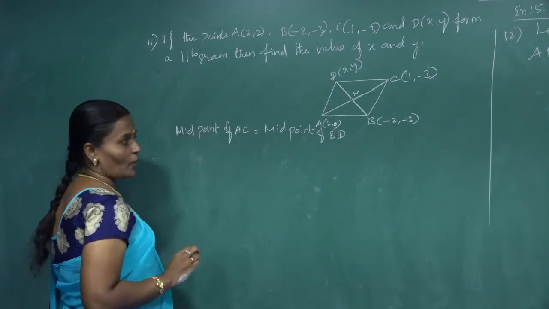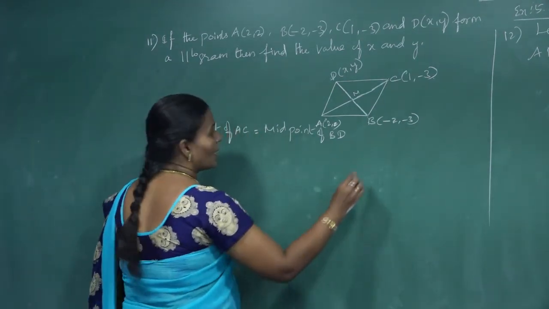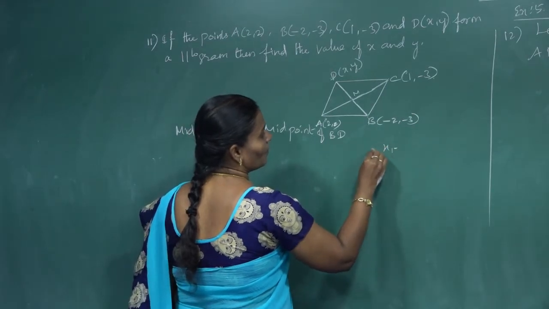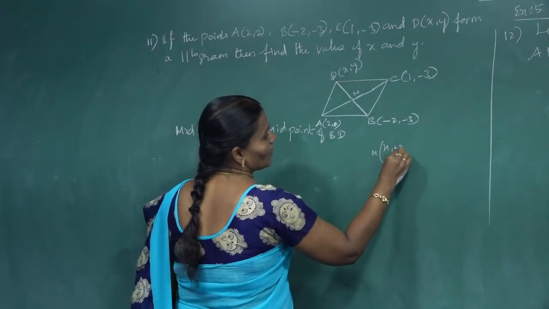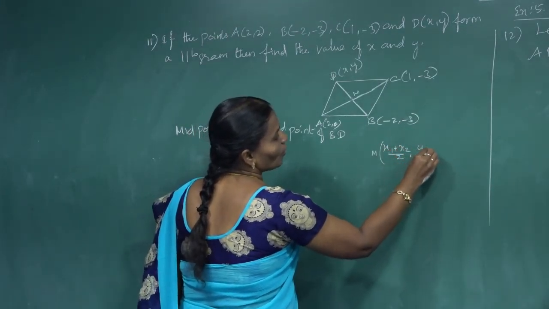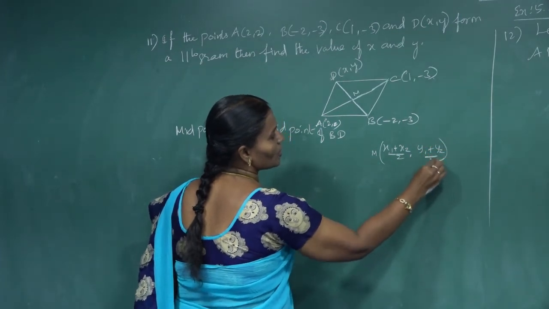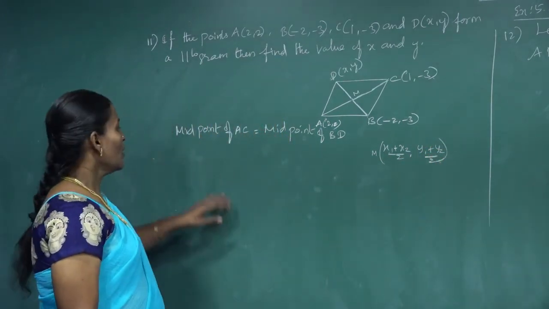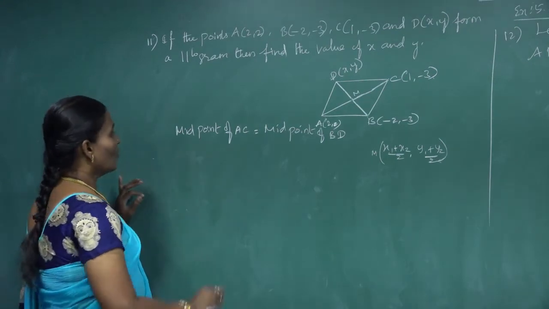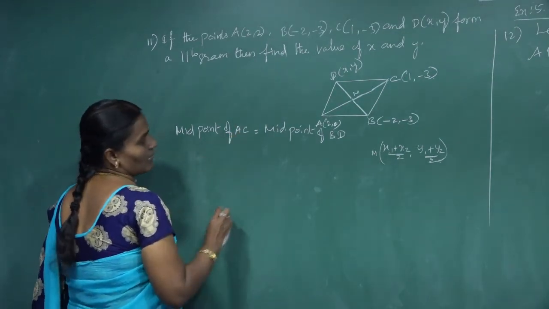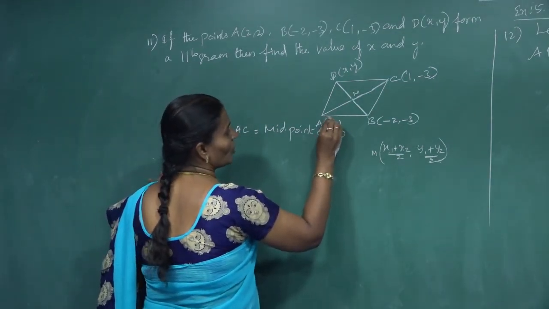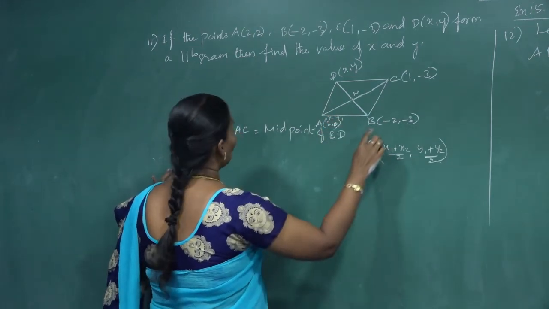So you know the midpoint formula: x1 plus x2 by 2 comma y1 plus y2 by 2. Here we apply that formula. A point is 2 comma 2, consider this x1, y1.